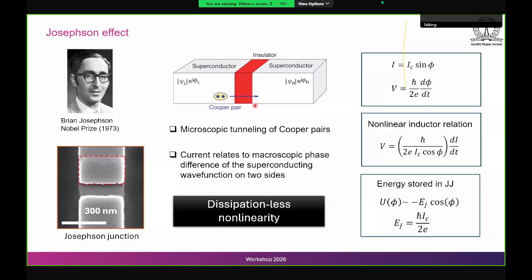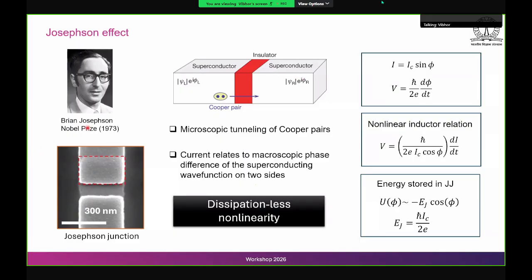Try to appreciate this a little bit: if there is an insulator in between, there should not be any current flowing between two superconductors. But if this insulator is thin enough, we can have quantum mechanical tunneling, and a Cooper pair can tunnel from one side to the other. And this process can also happen in reverse. From the right side, a Cooper pair can also tunnel to the left side.